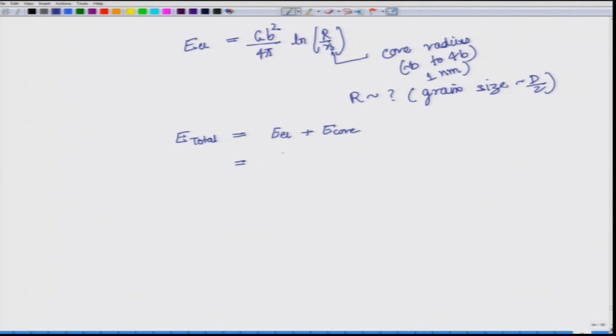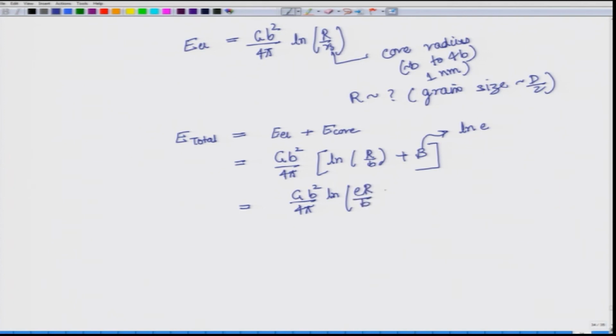So, what we can do is we can simply use some unknown parameter B. So, it will become something like G b square by 4 pi times B, where B represents the energy of the core, and this B itself, people have said that it is approximately of the order of ln E. Although this is an unknown quantity, people have said that this is of the same order as ln E, and it means that we can replace B by ln E, and this relation would become G b square by 4 pi ln E R by b.